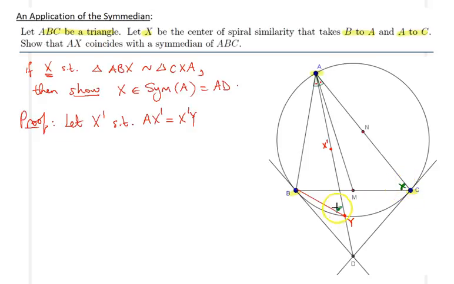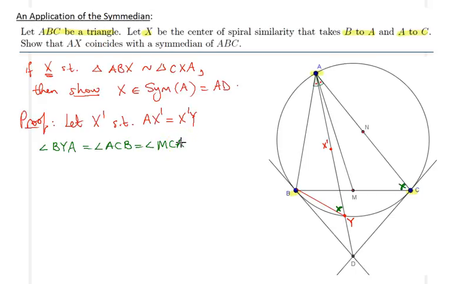Obviously true because they subtend the same arc. So therefore angle BYA is equal to angle ACB, which is equal to angle MCA.